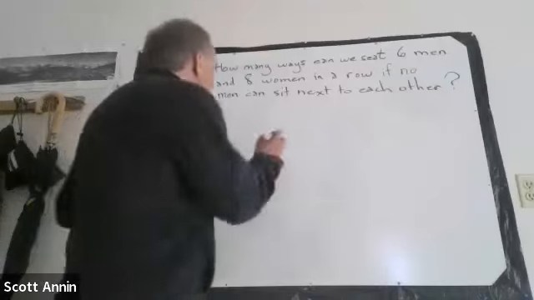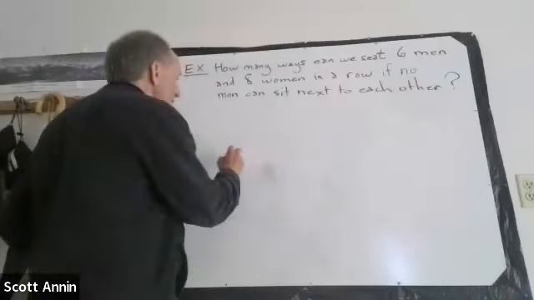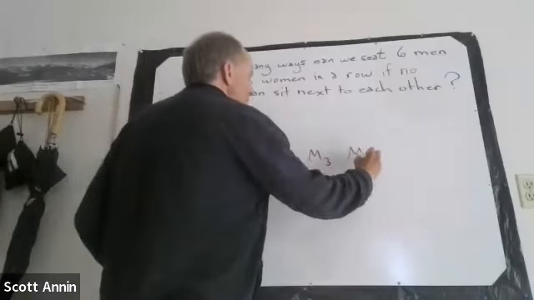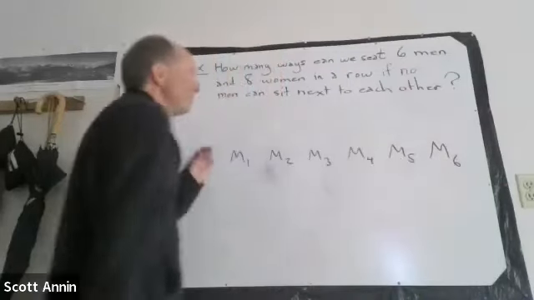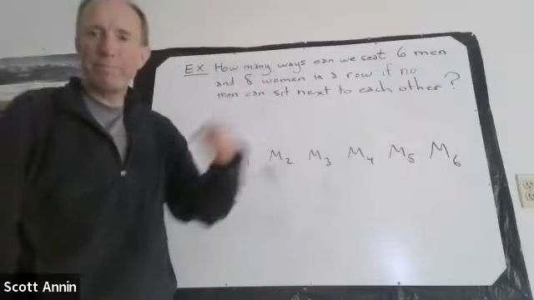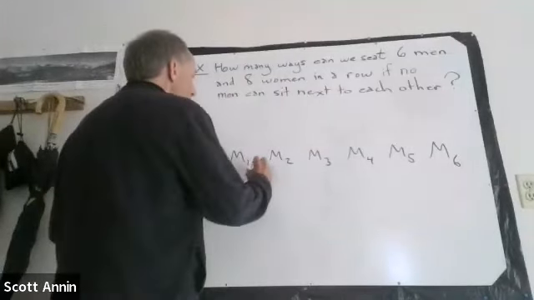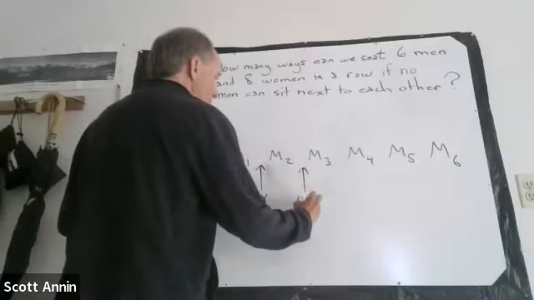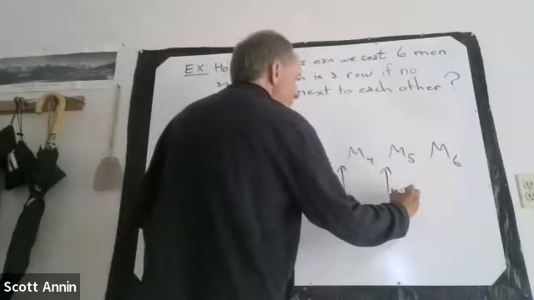So you might think, well, I'm just going to scribble here. You don't need to write this down yet, but let's just think. You might be thinking, I could set my 6 men down somehow in some seats in this row, and now I just have to make sure that I put a woman in between. But the problem is that we don't just have 5 women.